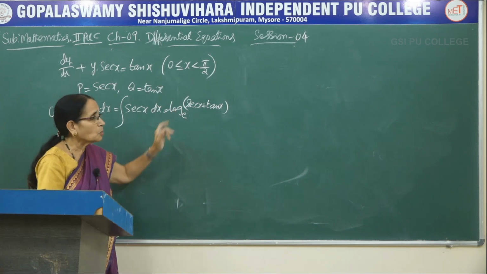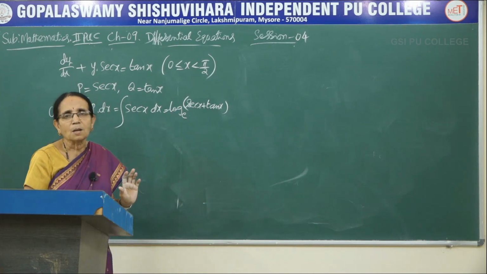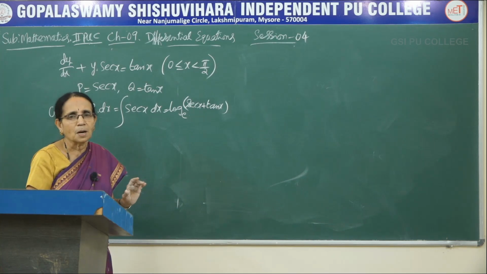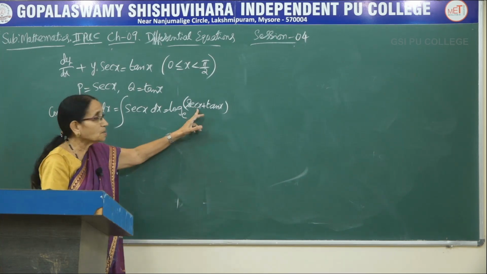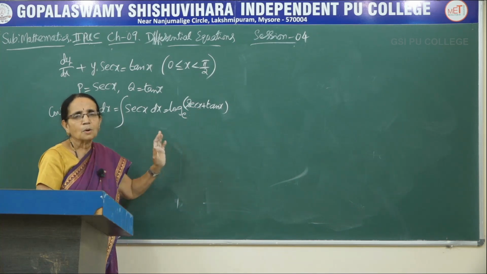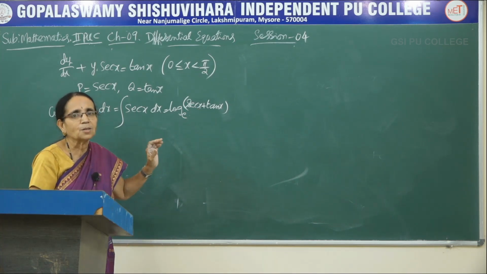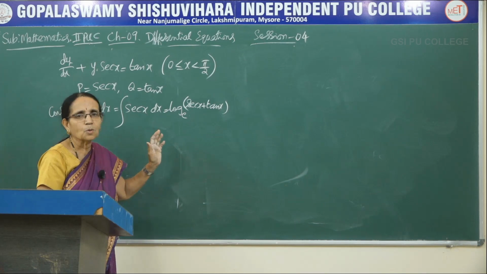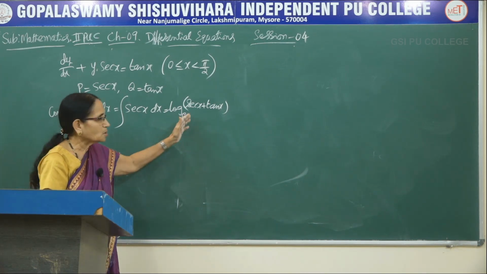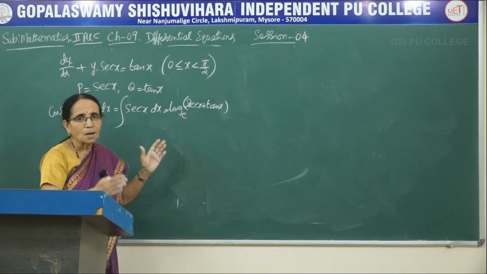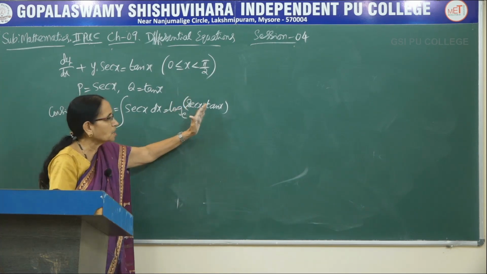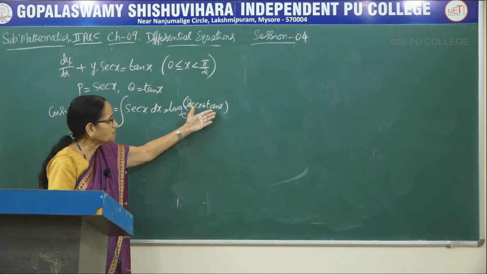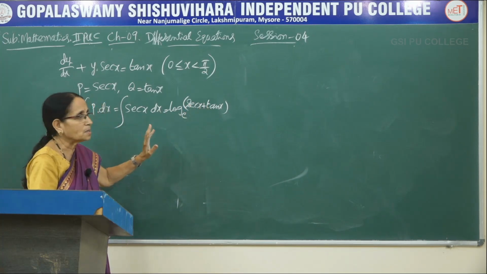The reason we write that modulus sign is, when you take the logarithm of a positive number, it is a real quantity. Logarithm of a negative number becomes an imaginary quantity. Since we are discussing only real functions, that has been omitted. That is why they generally use the modulus sign here. Now this is the integral.